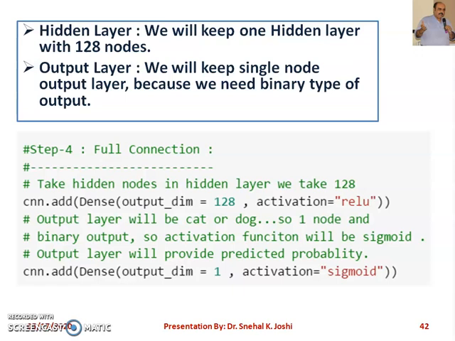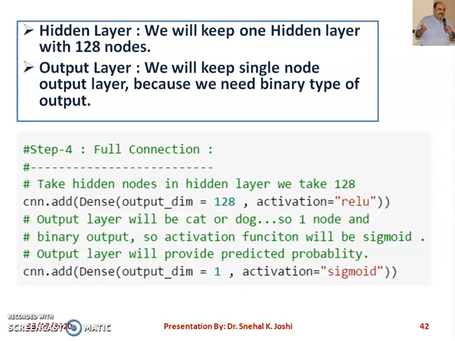Now the second hidden layer can again be created using the add function. The add function has the Dense function as a parameter that contains two arguments. First is output dim, just like the previous one. But here the output from the second hidden layer will go to our last layer, that is the output layer.